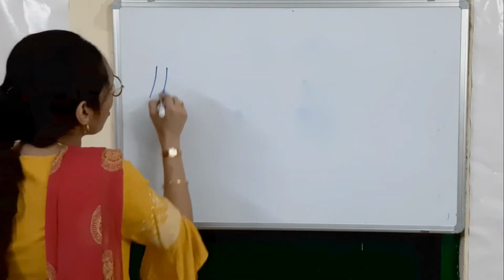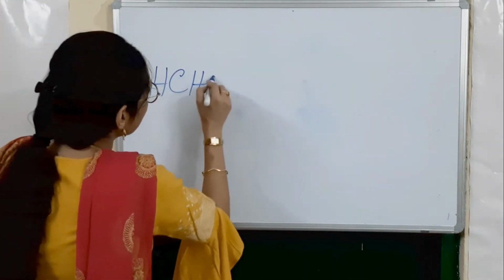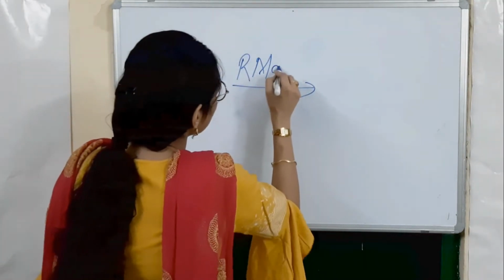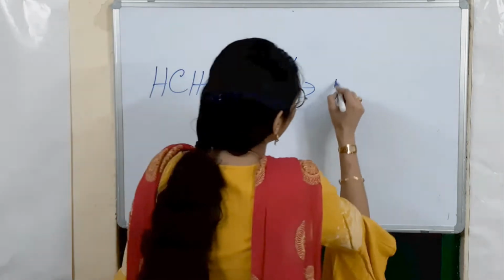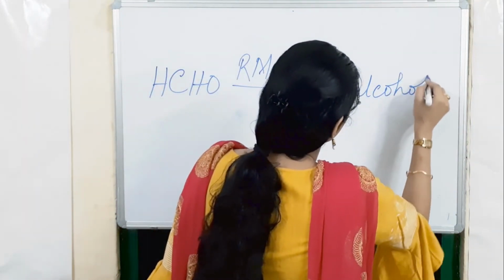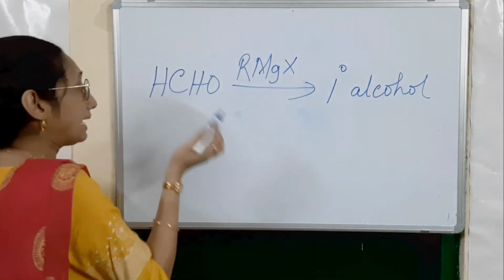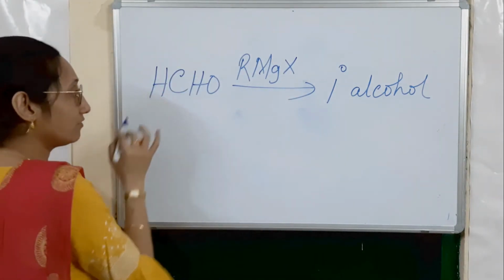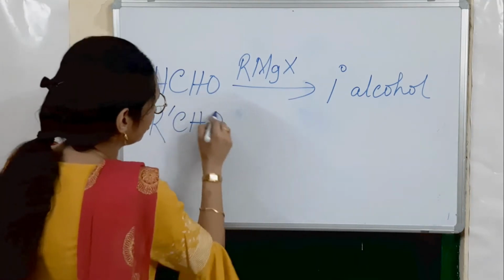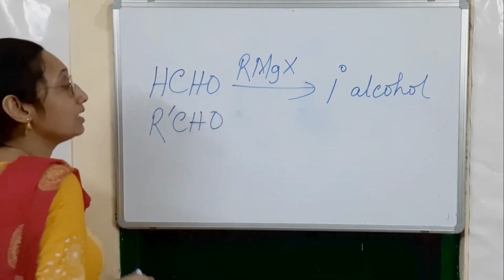Now always remember that formaldehyde plus Grignard reagent will always give you 1-degree alcohol. Any aldehyde other than formaldehyde, it can be R-CHO, your R can be methyl.